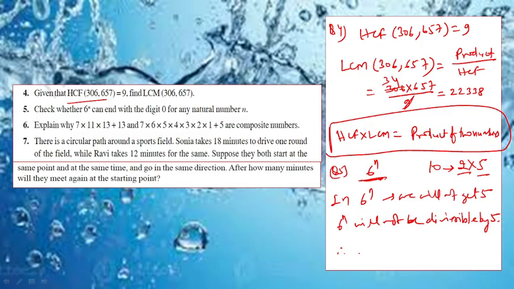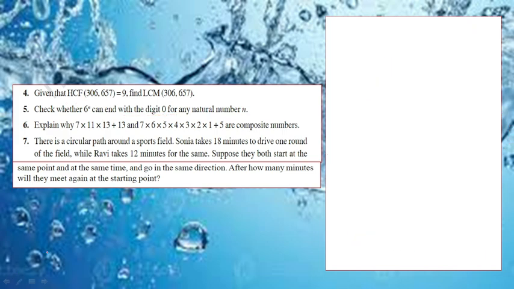Therefore, 6 to the power n will not end with the digit 0 anywhere. This was question number 5. Now question number 6.